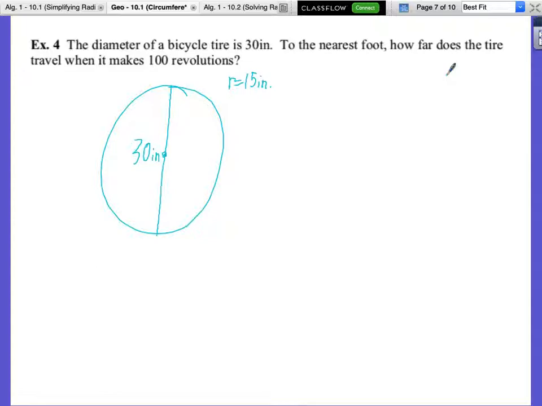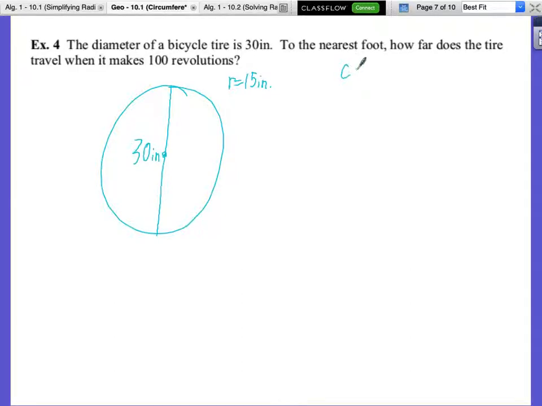So we need 100 revolutions. Well, first of all, let's think before that. What would be 1 revolution? One time it goes all the way around, right? Would that be its circumference? If it's 1 revolution, would that be 1 distance around the whole circle? Yeah. So we need to find what the circumference is.